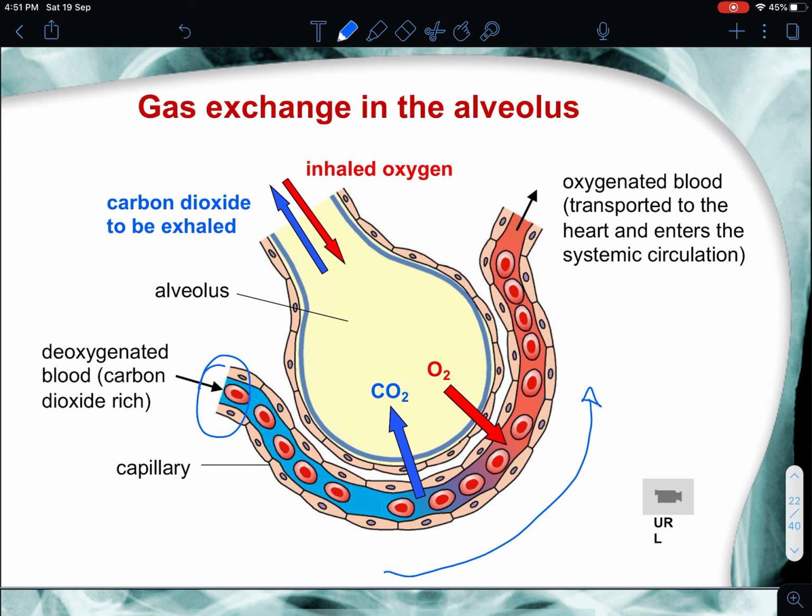Carbon dioxide diffuses out as the concentration of CO2 is high at the start here and lower in the alveoli. So this will then result in carbon dioxide channeling outwards into the alveoli, and having a lower oxygen concentration, oxygen will then diffuse into the blood vessel again at the later part, which will then be brought to the pulmonary vein to subsequently be pumped by the heart to all parts of the body.